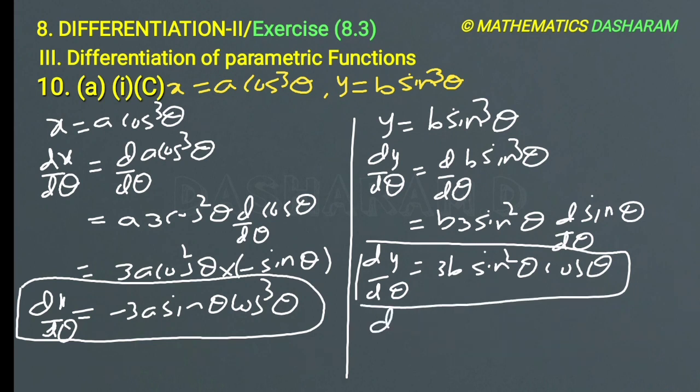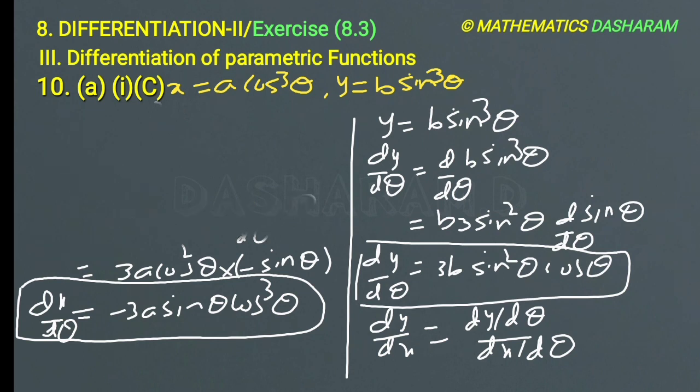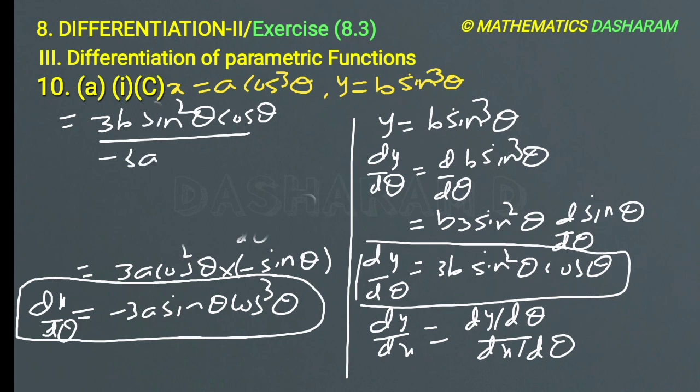So then our required answer is what? dy by dx, so dy by d theta divided by dx by d theta. dy by d theta is 3b sin square theta into cos theta, and dx by d theta is minus 3a sin theta into cos square theta.